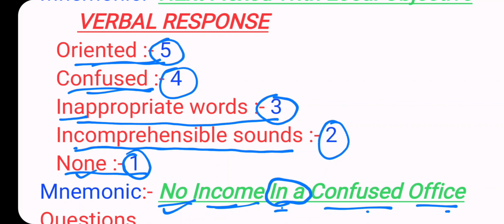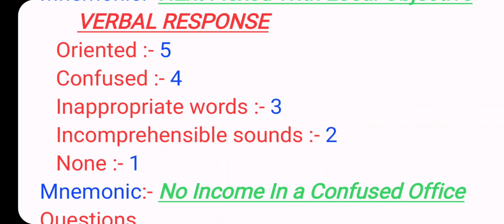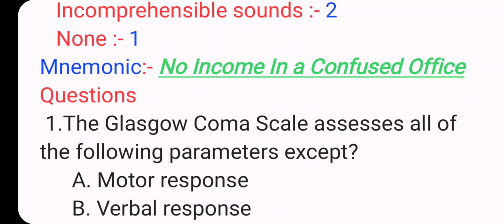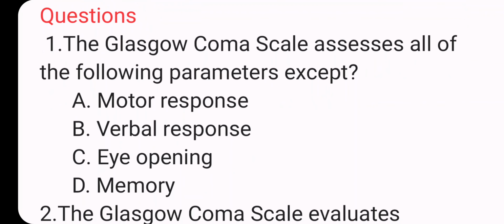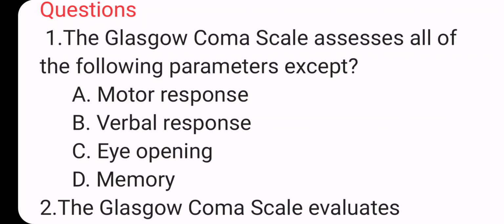Many questions are asked and students get confused about what the score will be, so I am giving you objective sums so that you can respond easily and correctly. First question: the Glasgow Coma scale assesses all of the following parameters except.